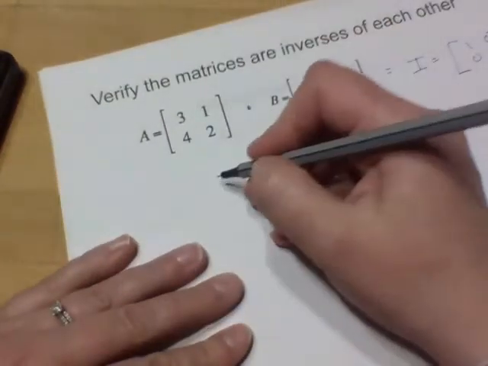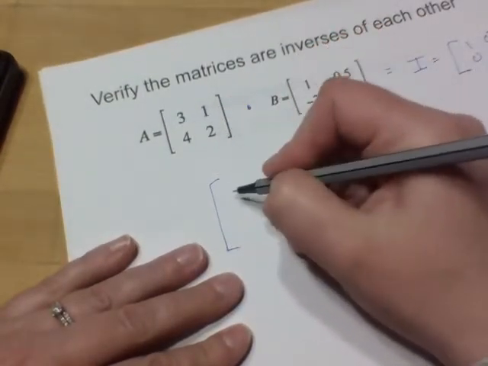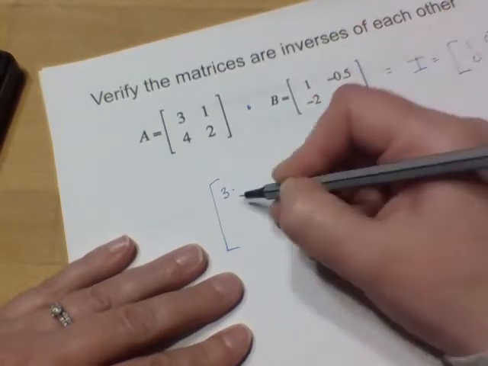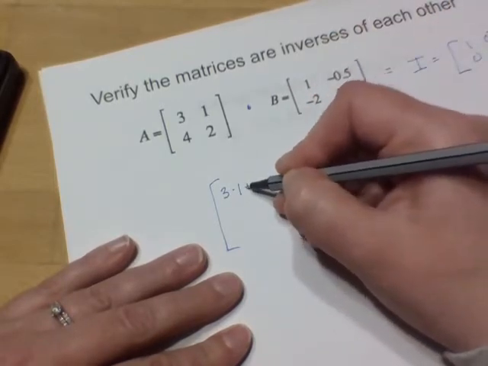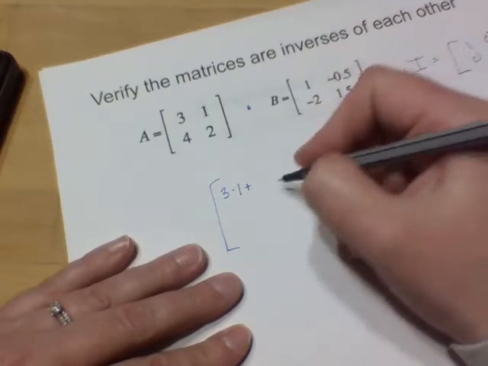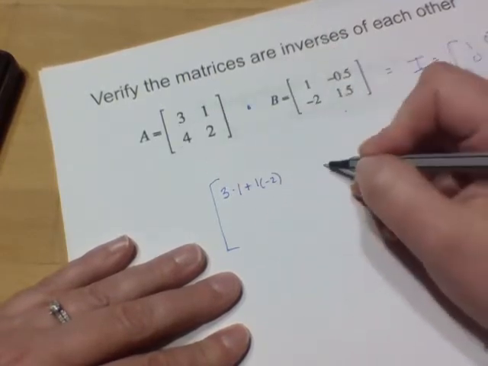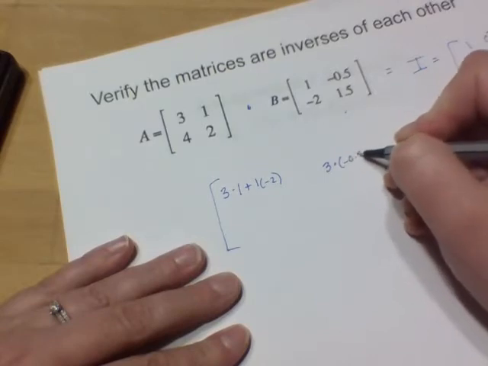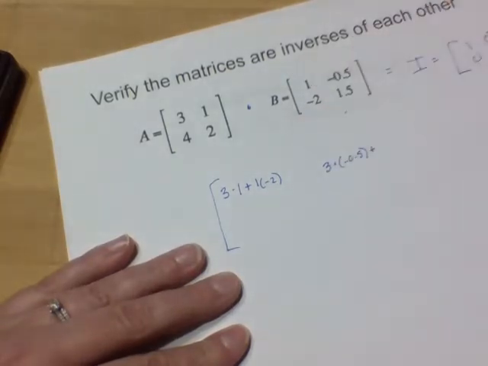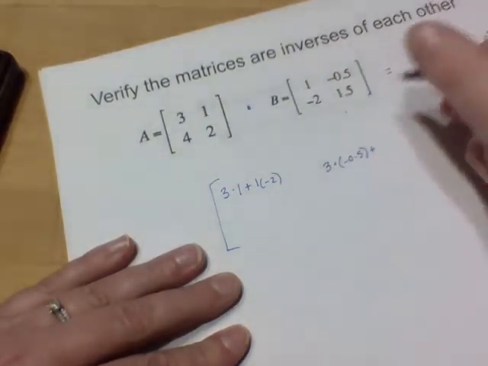So in order to get that, I'm going to take this first row, so 3 times this first column, 1, and that's going to be added to 1 times negative 2. The next piece will be 3 times negative 0.5, and that's going to be added to 1 times 1.5.